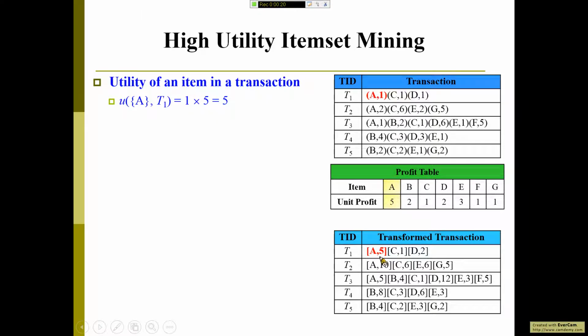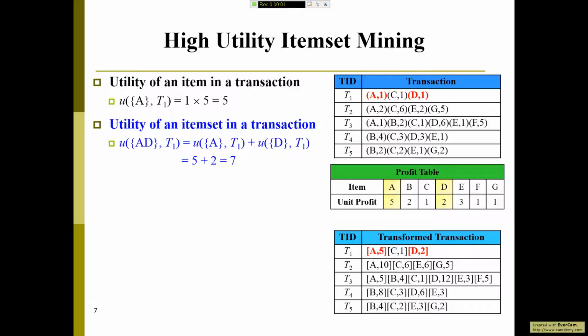A is followed by 5, which means the utility of A is 5. The utility of an itemset in a transaction is the sum of the utilities of its items. For example, the utility of AD in transaction 1 is the sum of the utilities of A and D in transaction 1, which is 7.